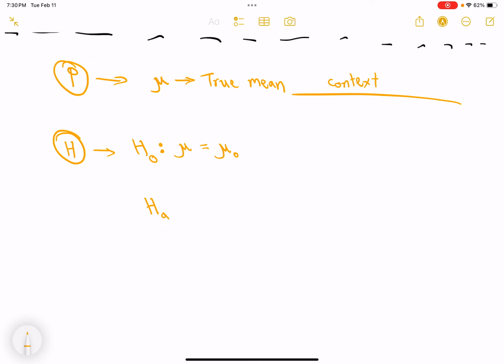On the other hand, your alternative will be set to either be less than the null mean, greater than the null mean, right? Or simply not equal to the null mean.